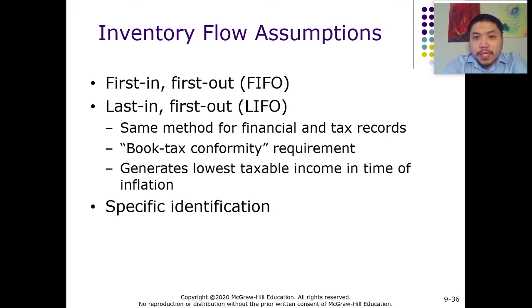It's relatively similar when it comes to tax purpose, right? In tax purpose, the business owners can also choose one of the three methods to calculate their inventory flow, right?